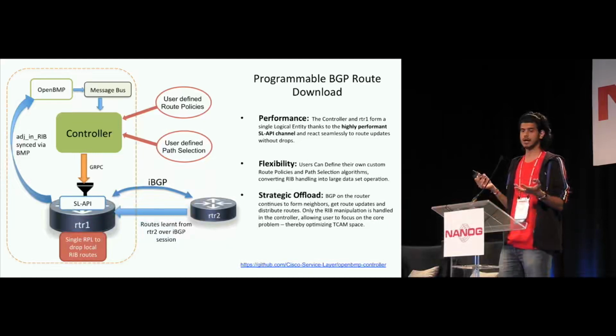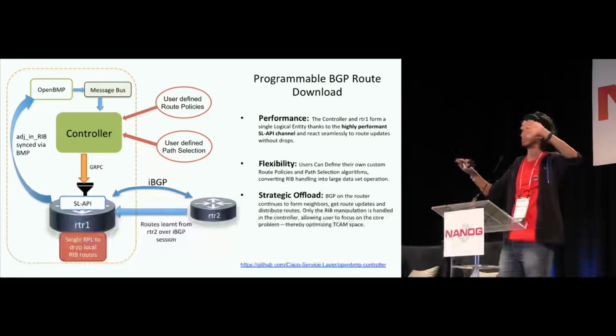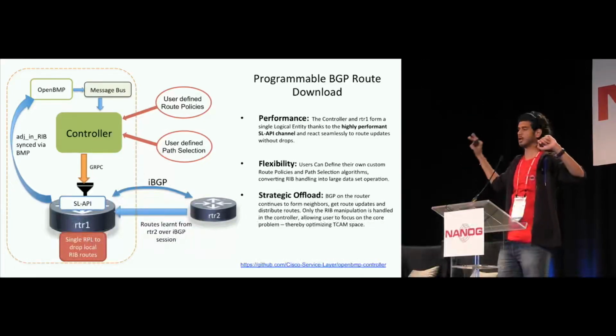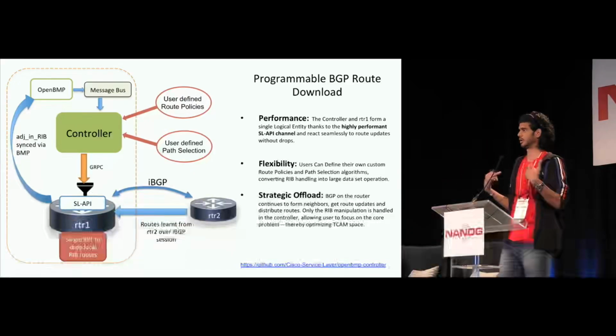In addition to that, the offload aspect, and remember, I'm really just tying this all to the initial requirements around how this API must be implemented. So we're offloading capabilities of specifically getting the route updates and distributing the routes, etc. We're letting BGP on the router do all of that, right?